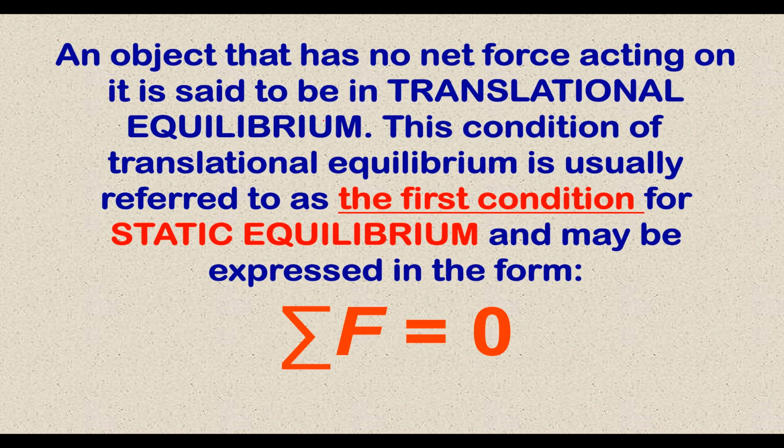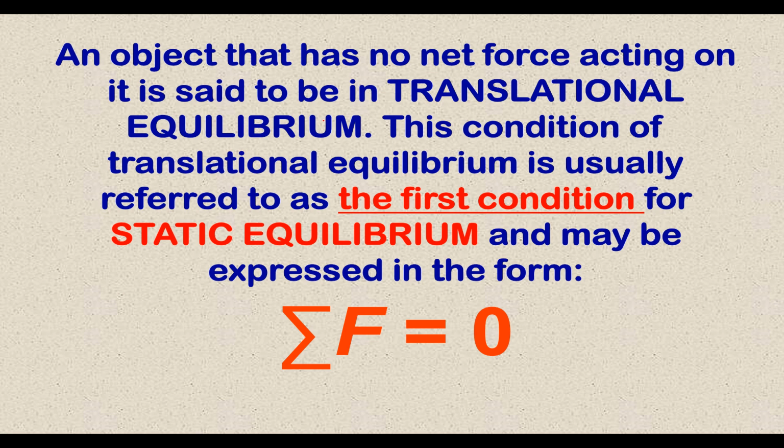An object that has no net force acting on it is said to be in translational equilibrium. This condition of translational equilibrium is usually referred to as the first condition for static equilibrium and may be expressed in the form of the sum of the forces equals 0.